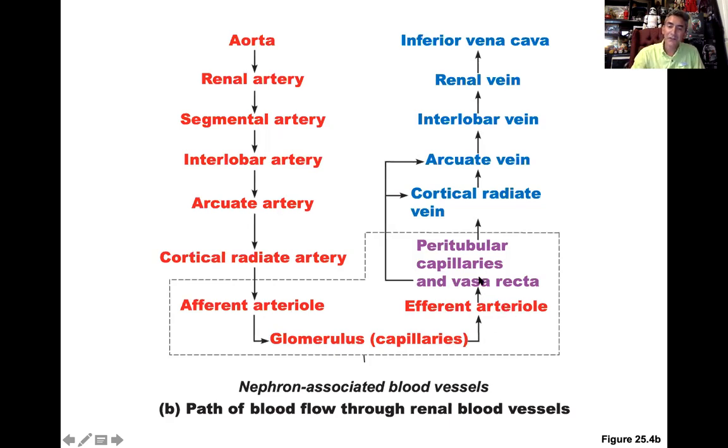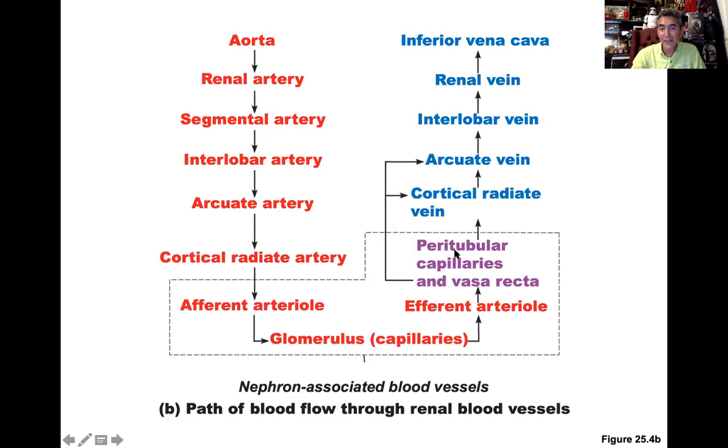Then we enter this purple area, which we call peritubular capillaries. Peri means around, they're around the tubules, and we call them vasa recta. The vasa recta are part of our juxtamedullary capillaries. Now we see a change in color from red to purple to blue.